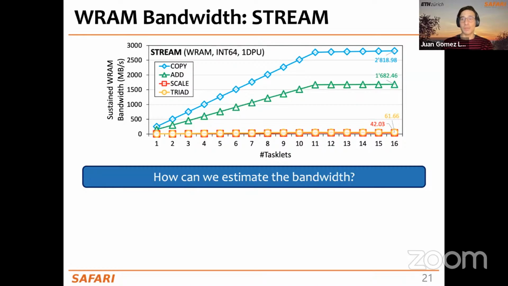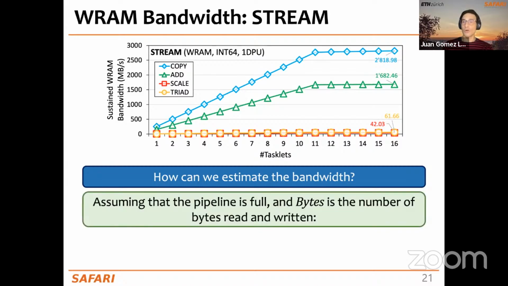But we can also estimate the bandwidth, and this can help us understand the architecture better. For our estimation of the maximum bandwidth, we are going to assume that the pipeline is full, and this happens after 11 tasklets, as you know. Actually, as you see in the plot, the sustained WRAM bandwidth in all cases saturates at 11 tasklets, as we could expect.